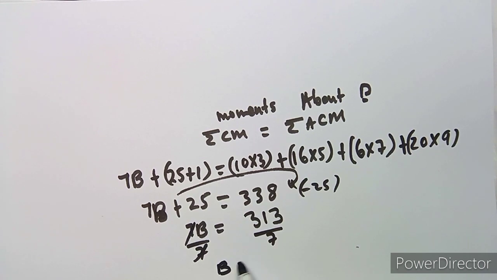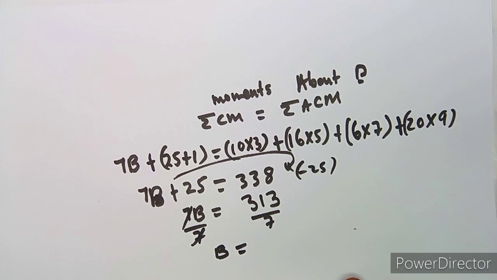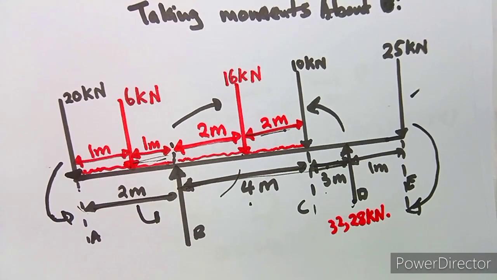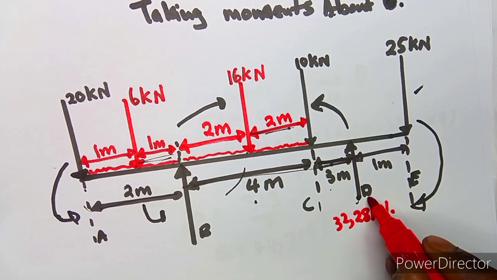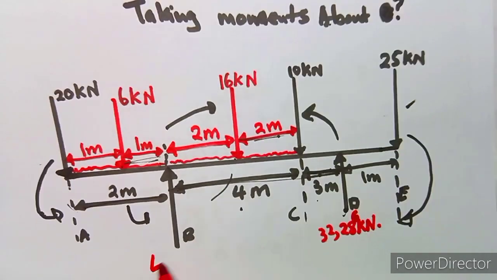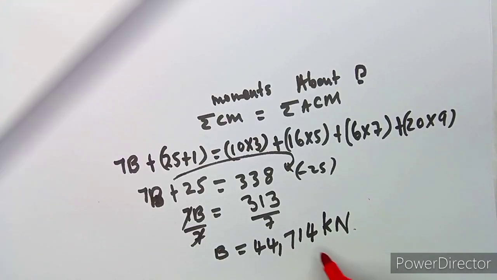Our B in this case is going to be 44.714285, which is just going to be 44.714 kilonewton. So that's our B. There was a 6 here, remember, guys. This must give us a whole number here, because I'm now surprised there's a 4 here.